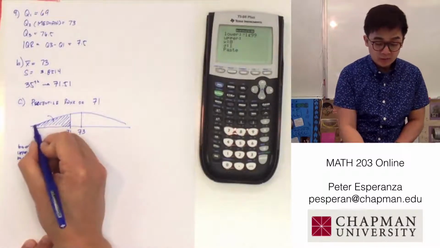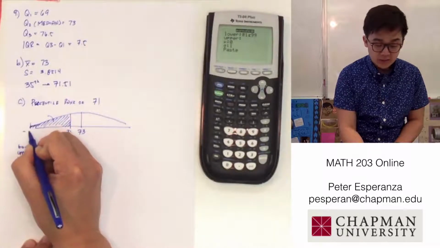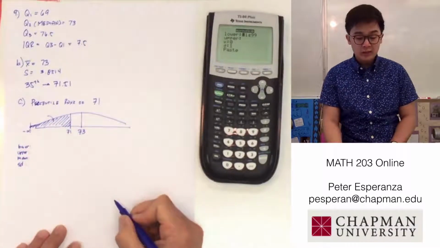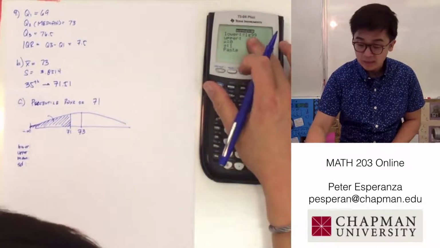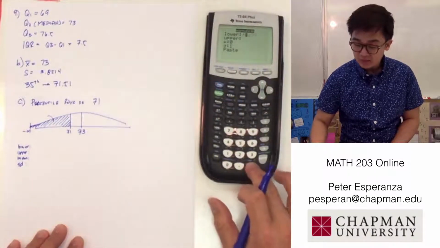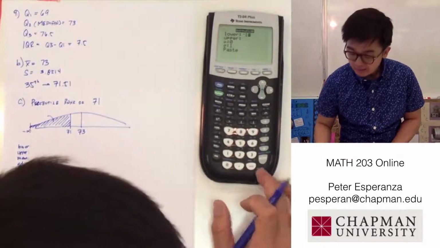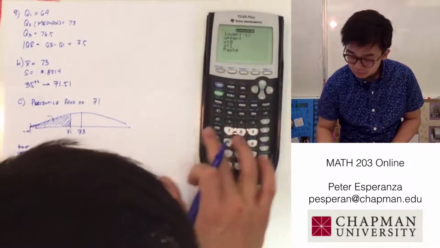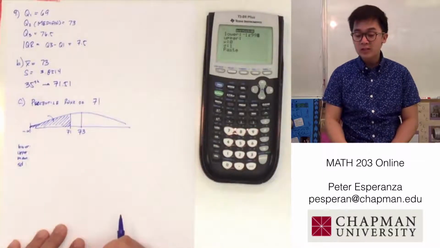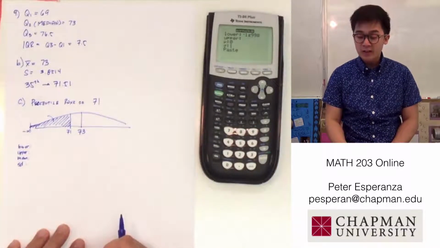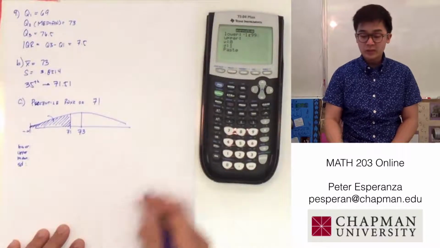Now the lower value right here is going to be negative infinity, and to use negative infinity in our calculator, we push negative 1, and E is second function, comma, 99.